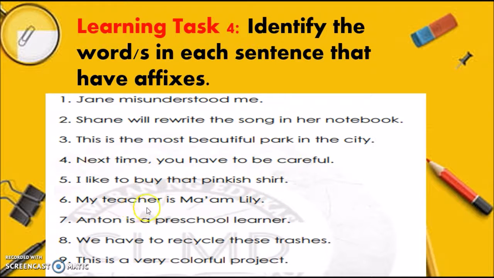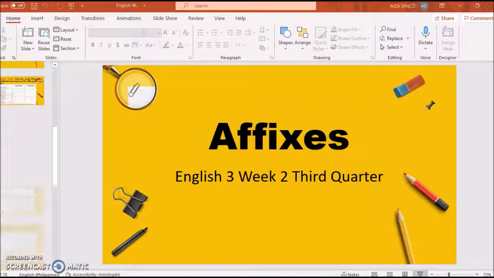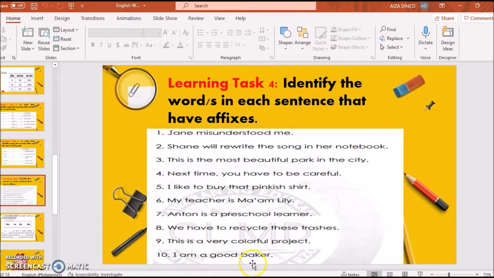Number 6, my teacher is Mom Lily. 7, Anton is a preschool learner. 8, we have to recycle these trashes. Number 9, this is a very colorful project. And number 10, I am a good baker. So from number 1 to number 10, you're just looking for one word only that has affix.